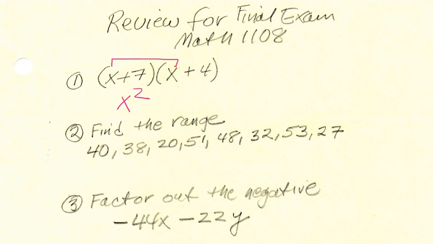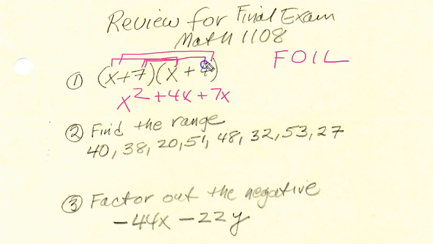So in using the FOIL, first is x squared. Outers plus 4x. Inners plus 7x. Last plus 28.